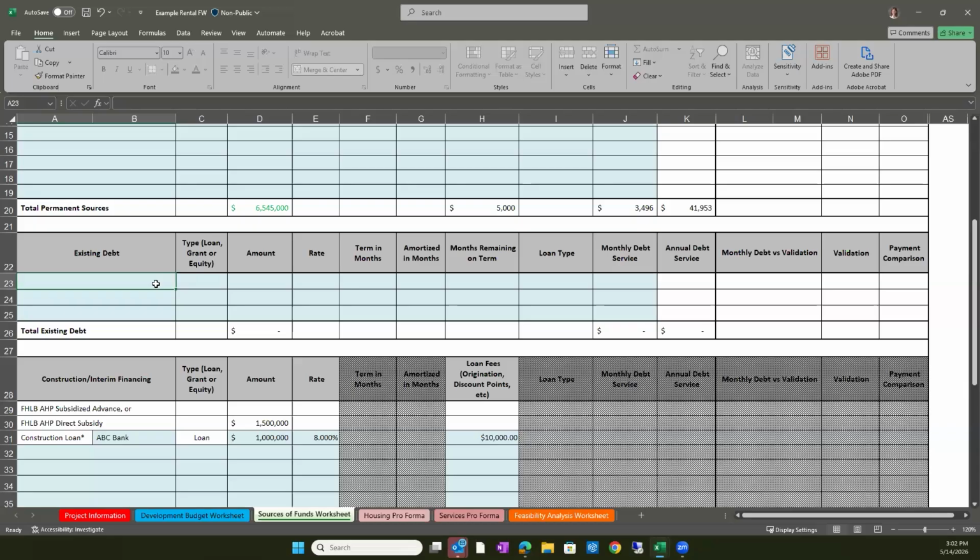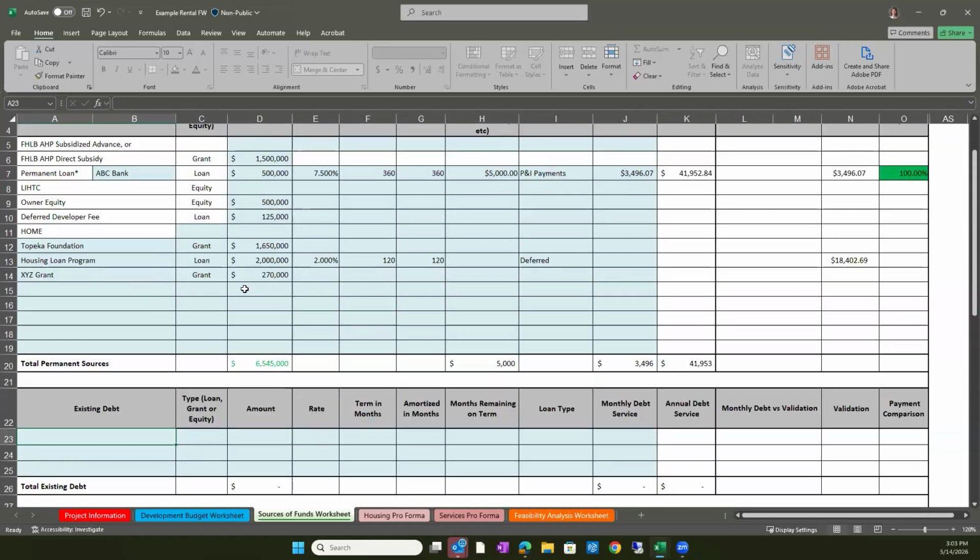From the perspective of whether you need to include it in both the development budget and sources of funds, this is kind of a legacy question. In previous years, we were requiring projects to put any existing debt they had in the development budget and then also place that amount in the permanent financing section to balance out the sources and uses of funds.